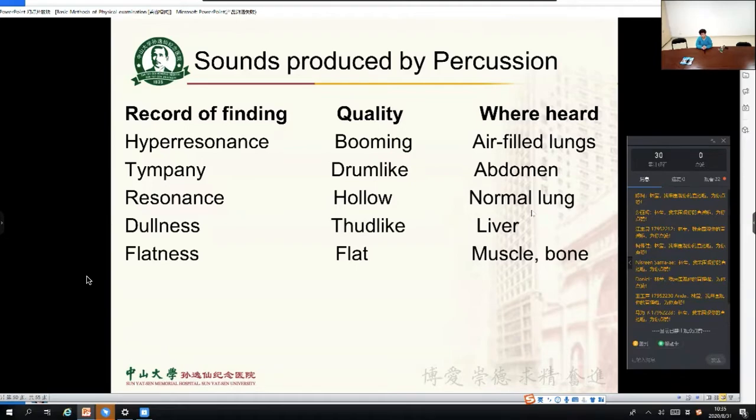And if we perform the percussion on the muscle or the bone, we can pick up flatness. So it's very flat, very solid. So these are the sounds produced by percussion, and we need to record all of these findings.